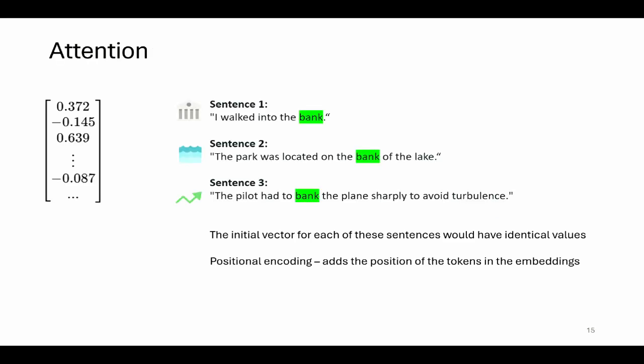Right? The next thing I want to focus on is attention. Now, if you think of attention, the same word bank in different contexts has different meanings. I walked into a bank, the park was located on the bank of the river, the pilot had to bank the plane. The same word, but based on the context, it has different meanings. Right?